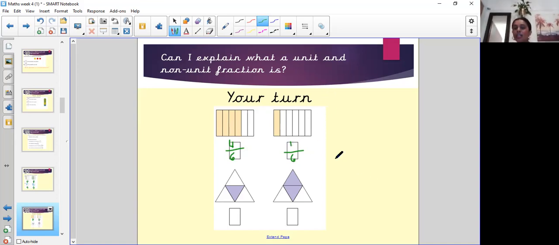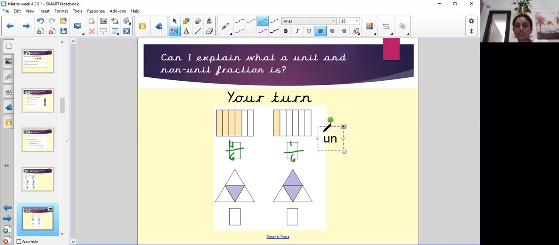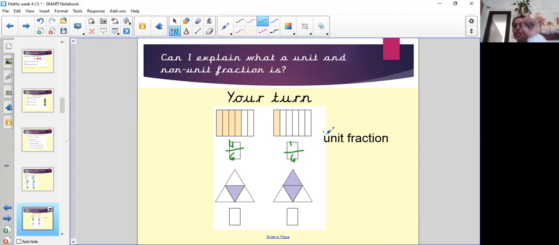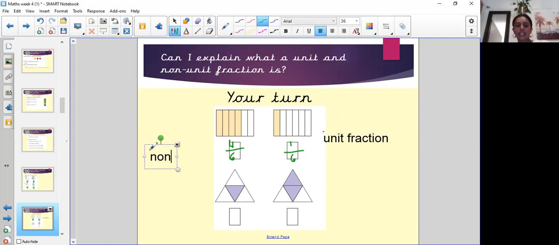Now if we look again, this one here is a unit fraction. I'm just using this as a way to remind ourselves of what that is. It's a unit fraction because the number at the top is 1. This over here is a non-unit fraction because the number at the top is actually 4.